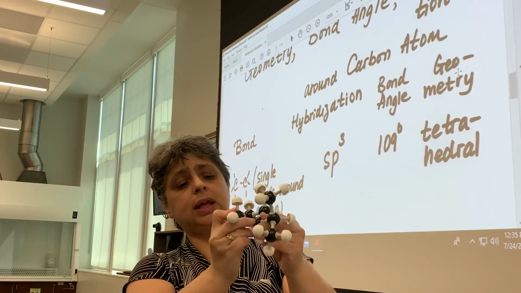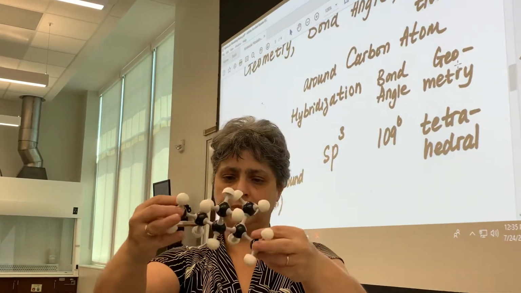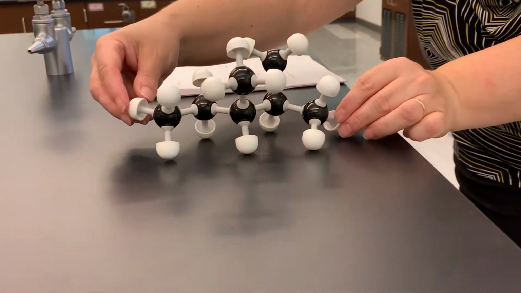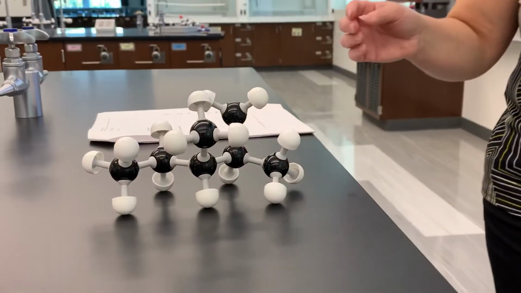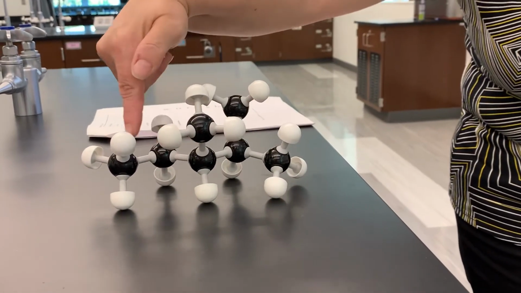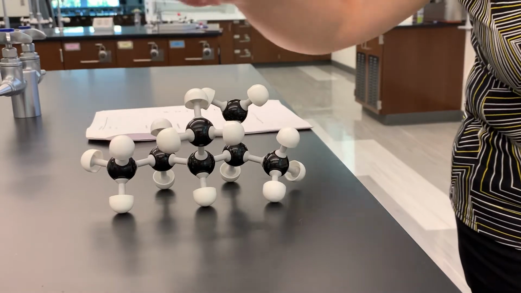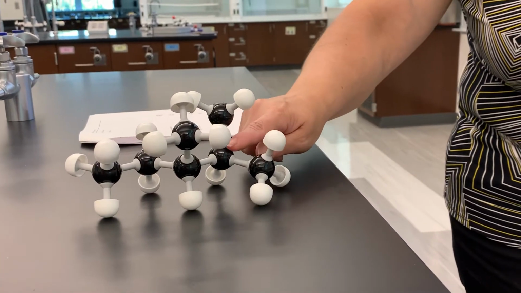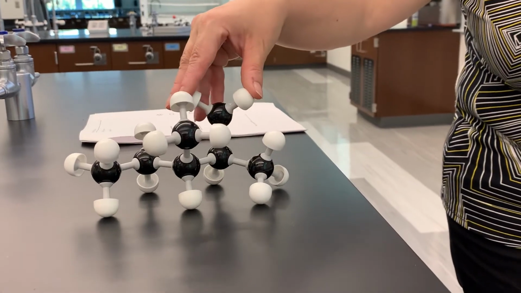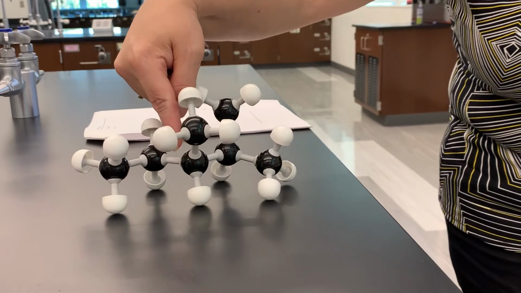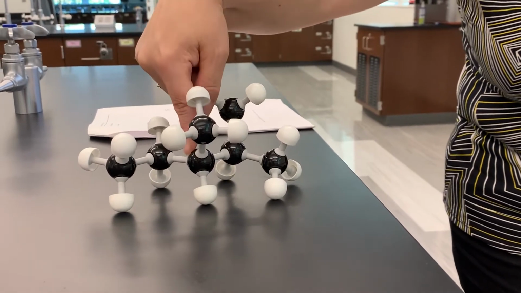And now we can take a look at the entire molecule. I'm going to set it down so my hands are not obstructing your view. So what do we see? We see 1, 2, 3, 4, 5 carbons. This is the second carbon, if we start counting here, and off of the second carbon there is a methyl. And then this is the third carbon right here, and there's another methyl off of the third carbon.